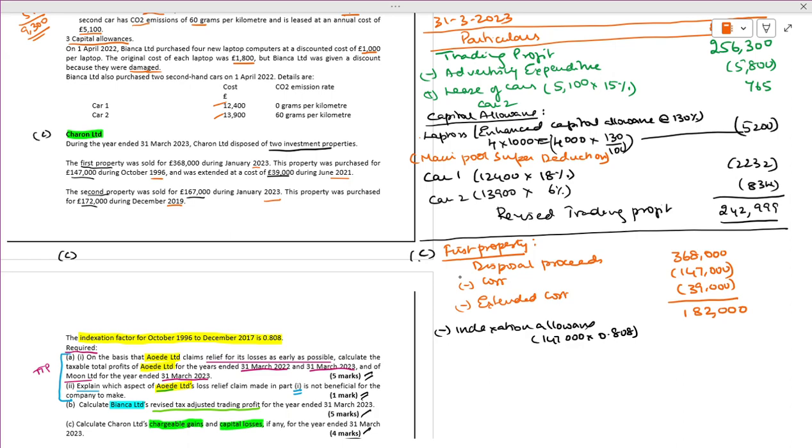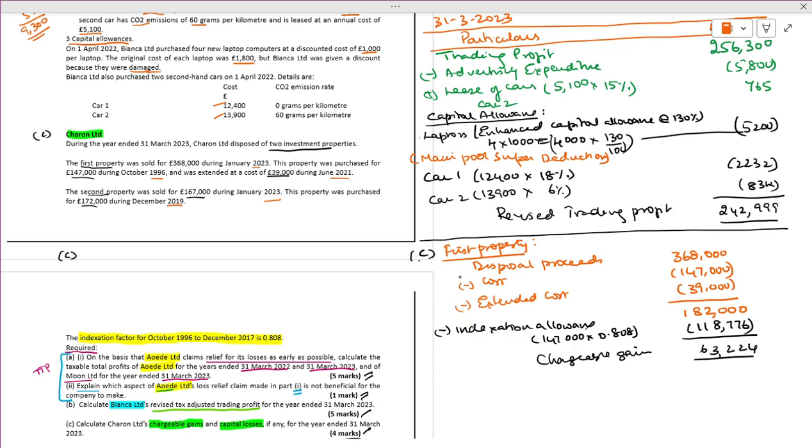It comes to 118,776. So the gain is 42,236. This is the chargeable gain.